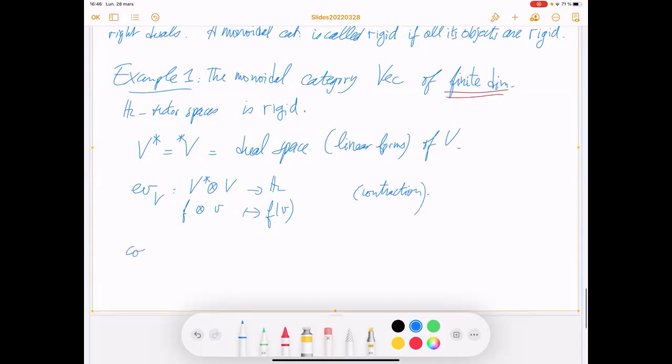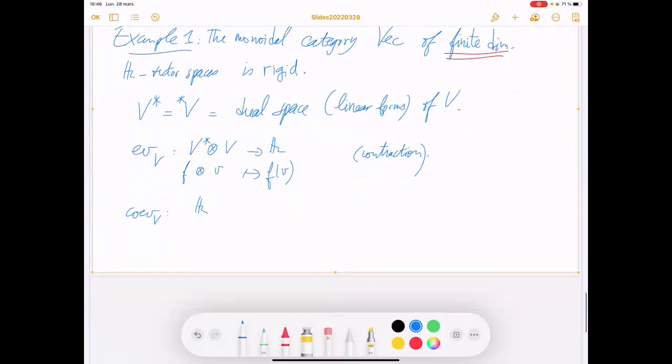And the co-evaluation map: here you start from the field and you want to go to V tensor V star. So you just need to define the image of 1, because the field is one-dimensional.